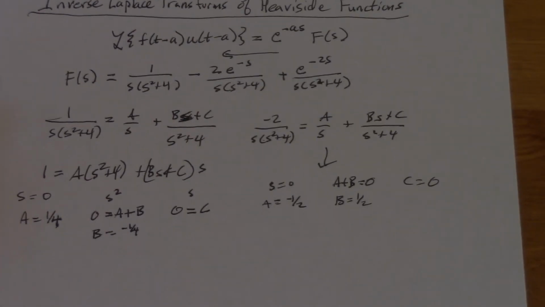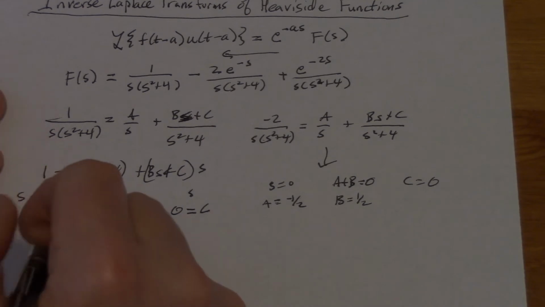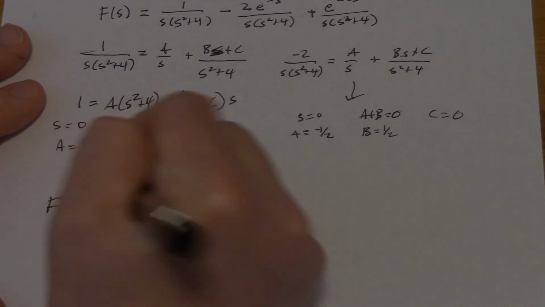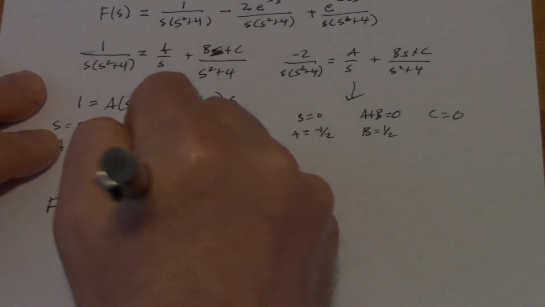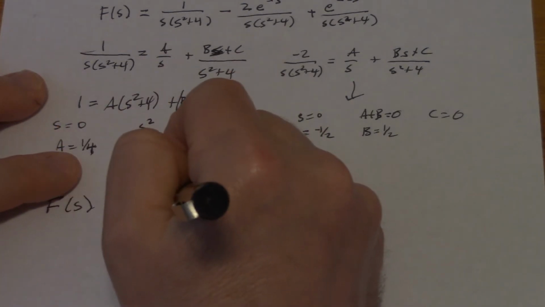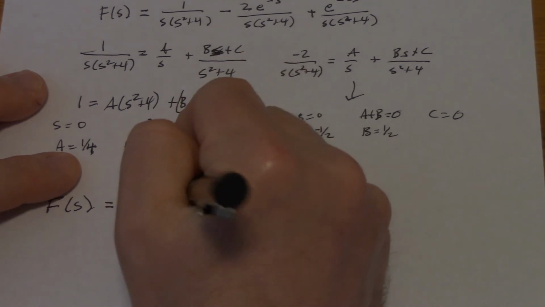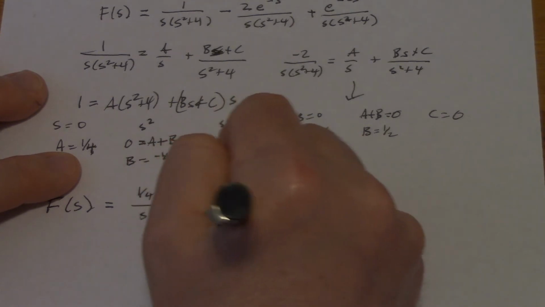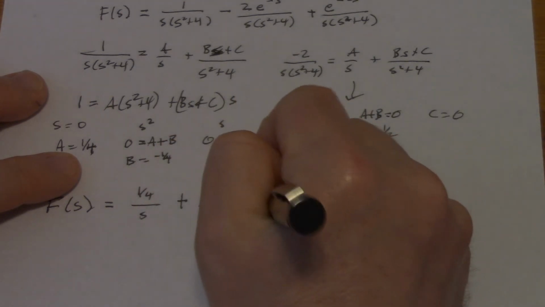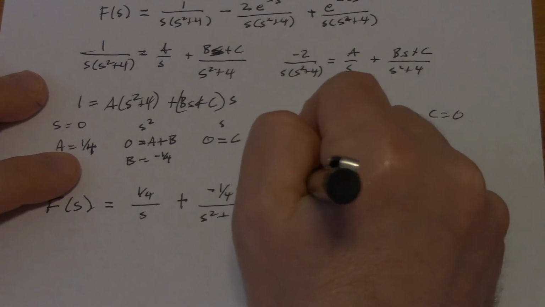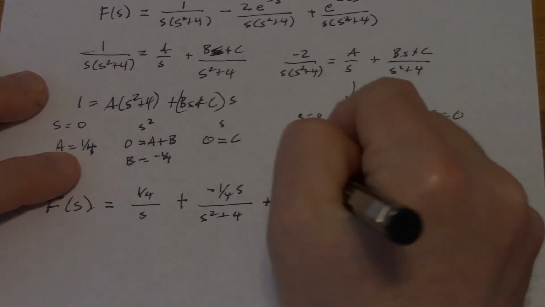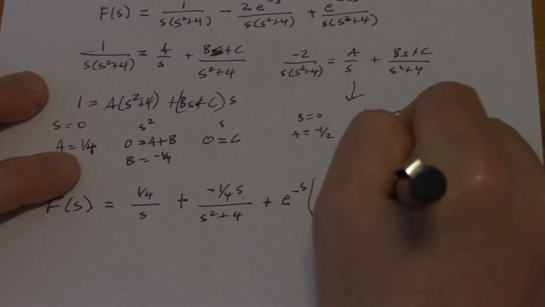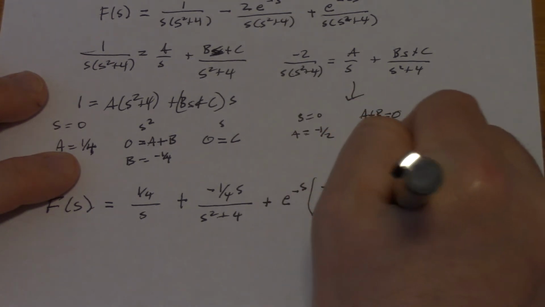Alright, so let me rewrite this the way we need to see it. F of s is 1/4 over s plus negative 1/4 s over (s squared plus 4), plus e to the minus s times negative 1/2 over s plus 1/2 s over (s squared plus 4).